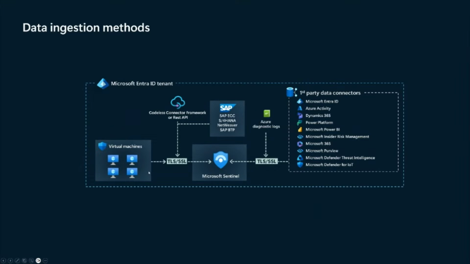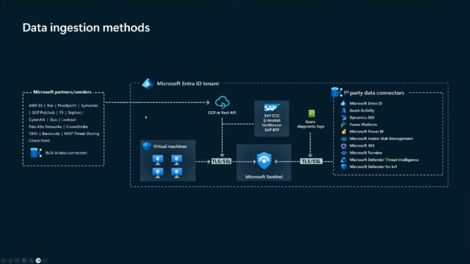You can install an agent on your Azure VMs to send data directly into your Sentinel workspace. And then we also have the codeless connector framework, or CCF, or the REST API, which really is like the log ingestion API that we'll talk about in a little bit. And I'll show a quick example of log ingestion API in a couple slides.